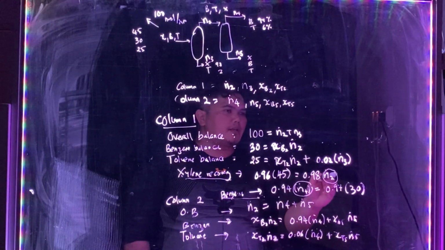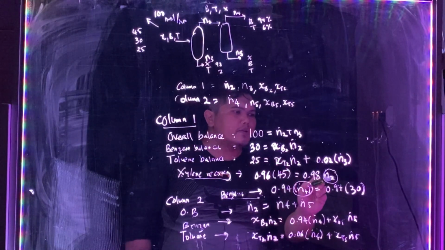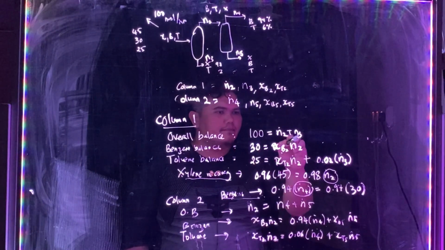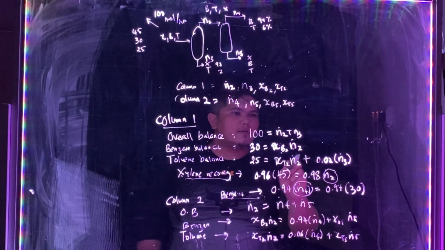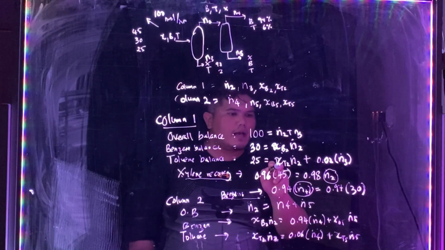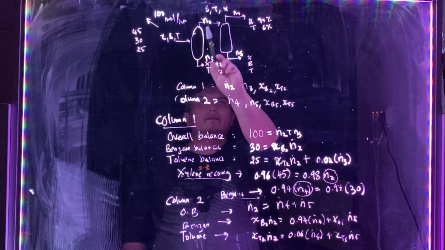When you substitute N2 here, you'll know what XB2 is. When you substitute N2 here, you'll know what N3 is. Whenever you substitute N3 and N2 here, you'll be able to resolve your XT2, which is the toluene in the overhead product.